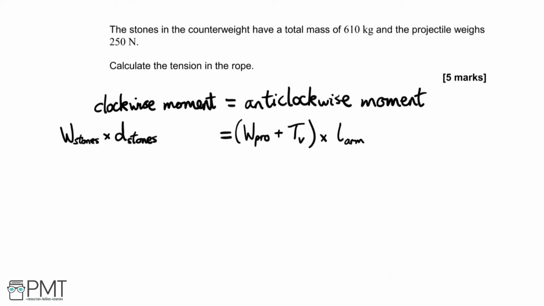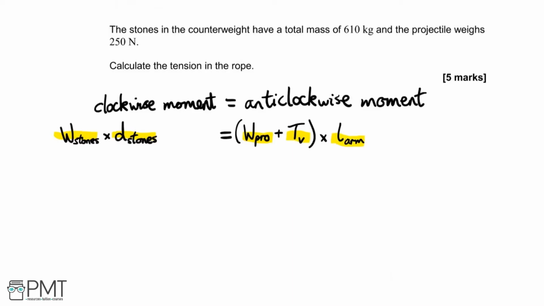So just to clarify what I mean here, we've got the weight of the stones multiplied by the distance of the stones from the pivot is equal to the weight of the projectile added to the vertical component of the tension. All of that is then multiplied by the length of the arm.